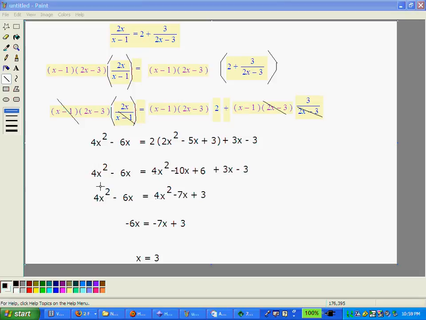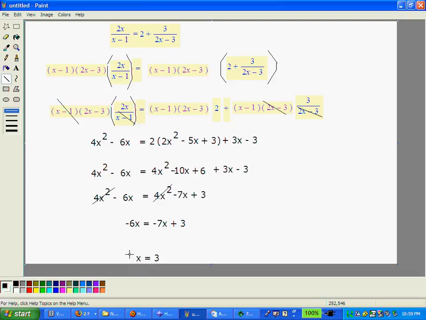Not all of these are going to have the second power term cancel, but in this case, if I subtract 4x squared from both sides, those would go away completely, and you'd be left with minus 6x equals minus 7x plus 3. So that's what you've got there. If you're solving this, it looks like a linear type problem, so I just have to add 7x to both sides to get the x terms together.